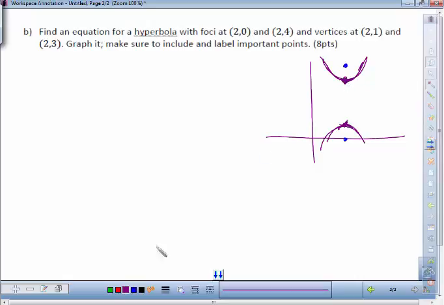Which means the center, put center in quotes, would be this value. This is going to give our shift to the hyperbola.